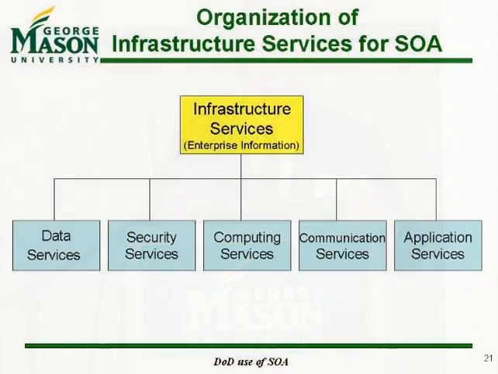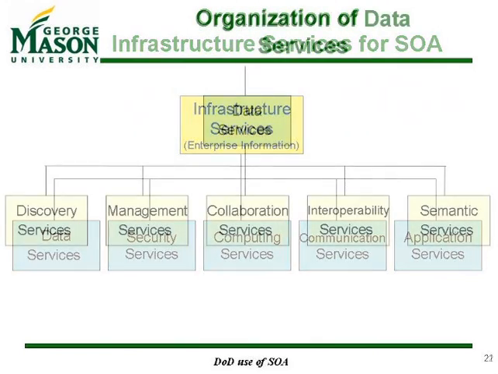Again, let me repeat it. The infrastructure services is the layer below everything else that lays on top of it. The infrastructure services have data, security, computing, communication, and application services. It's perfectly logical. This diagram was drawn in 1992 and has never changed.